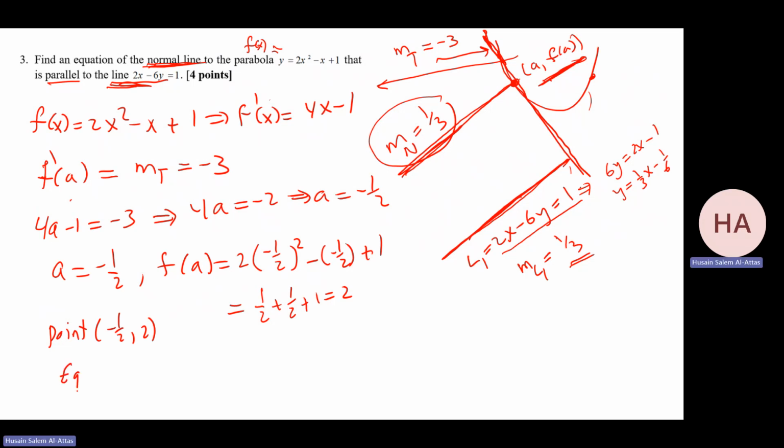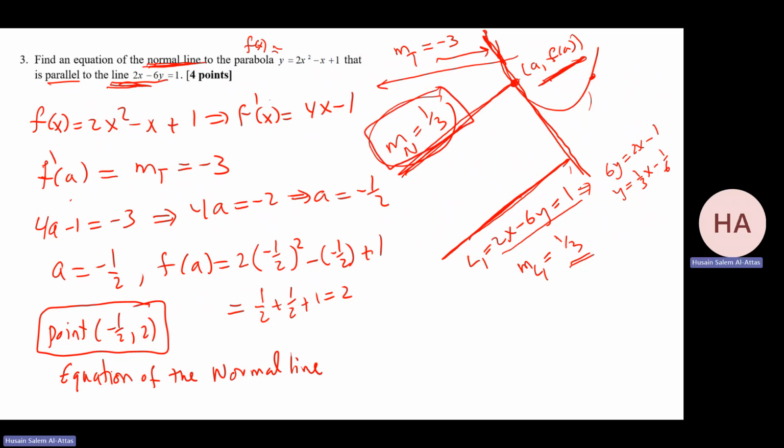So it will be the equation of the normal line. The point, I'll use this point. The slope, I'll use this slope, the slope of the normal, which is y minus 2 equal 1/3 times x plus half.